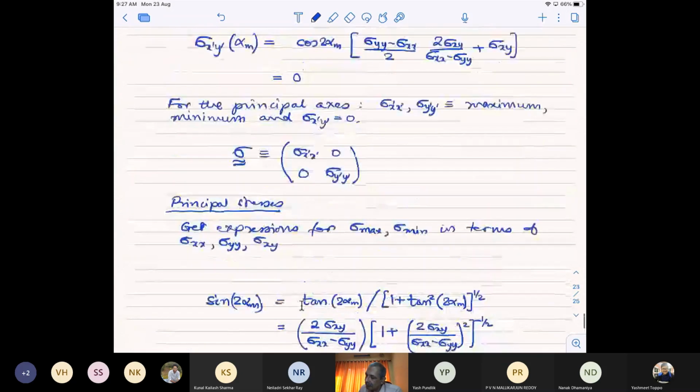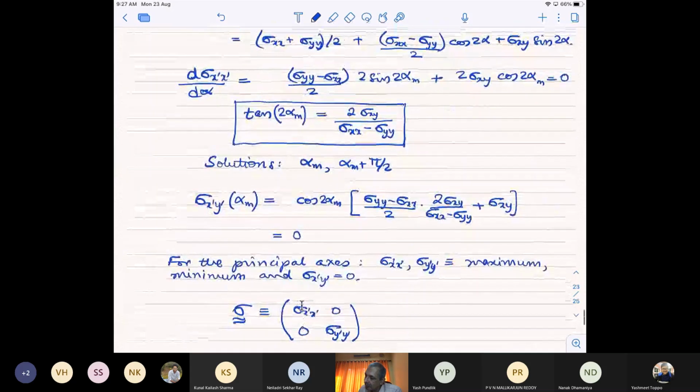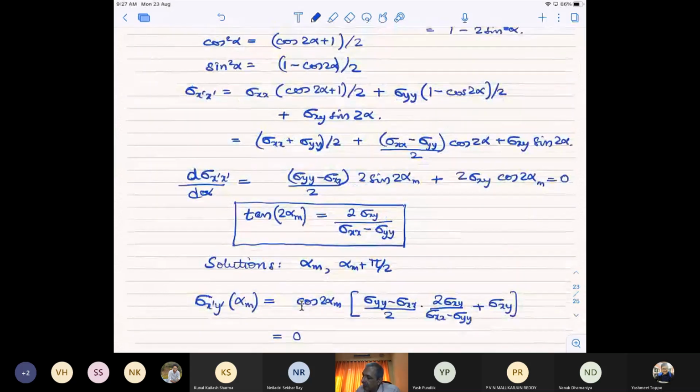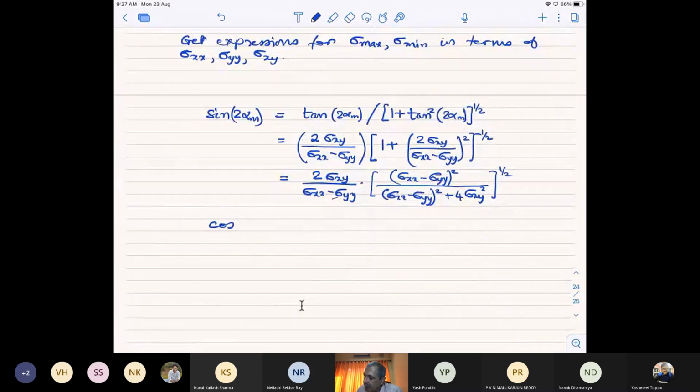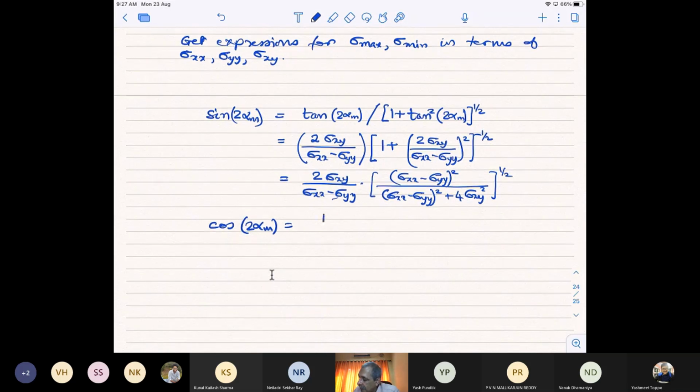Now what else? We have sine of 2 alpha, and we have done this one. Now we need to do cos of 2 alpha. Similarly, cos of 2 alpha is just sine of 2 alpha divided by tan of 2 alpha. So you get the same thing, but you just have 1 divided by 1 plus tan squared 2 alpha m, to the power of half.